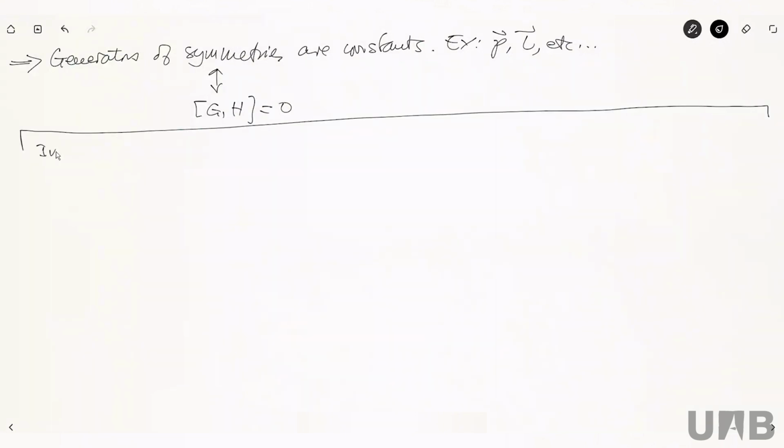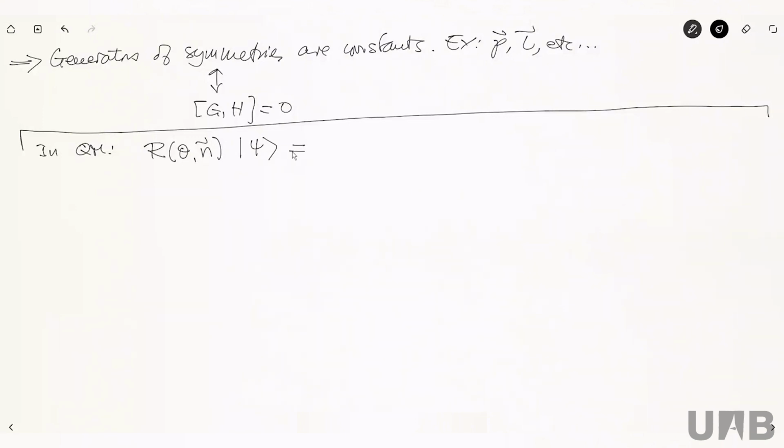So in quantum mechanics, let me try to make it as familiar to you as I can. In quantum mechanics, what is the operator that makes a rotation of an angle theta along a certain axis n? How do you make a rotation on a ket, say psi?